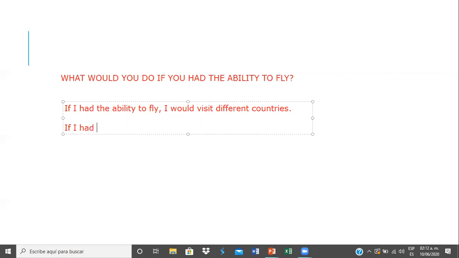Another example: if I had the ability to fly, comma, I, and remember, you can also use might. I might, which expresses something that is not so probable. Okay, this is a difficult question.